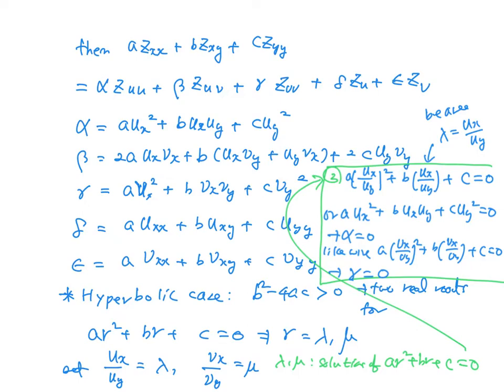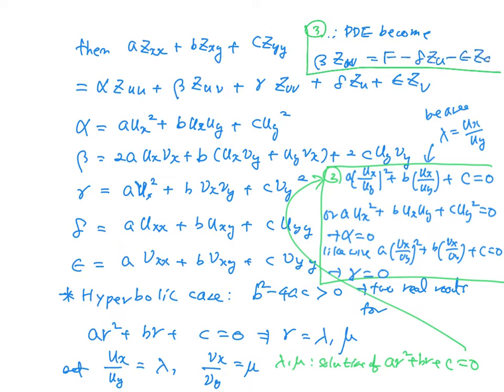So for the hyperbolic type of equation, the PDE becomes beta z_uv equals some f minus delta z_u minus epsilon z_v. The partial differential equation can be simplified considerably.